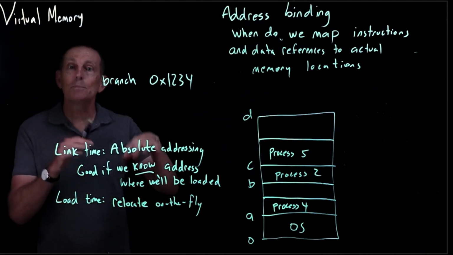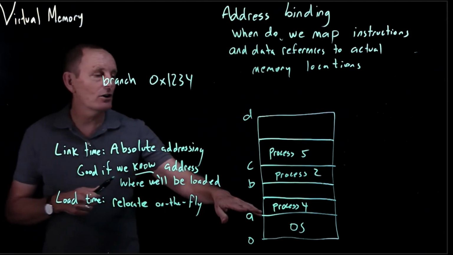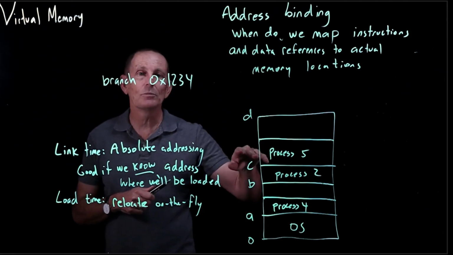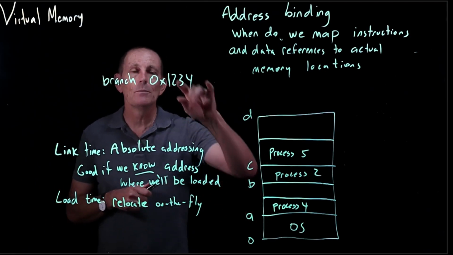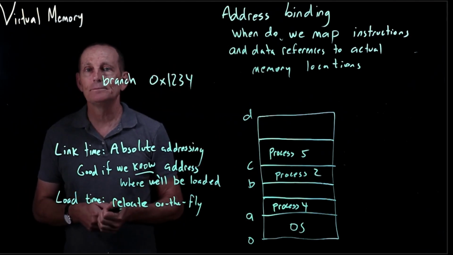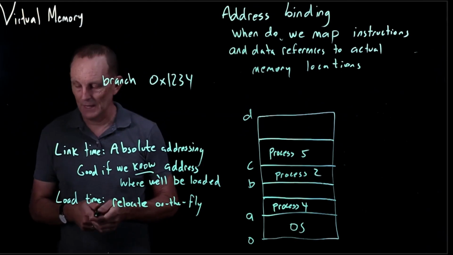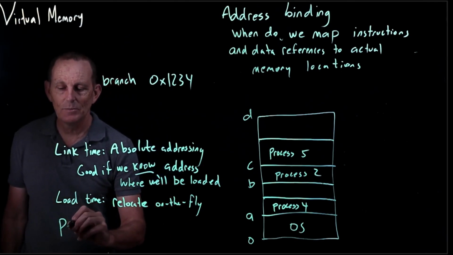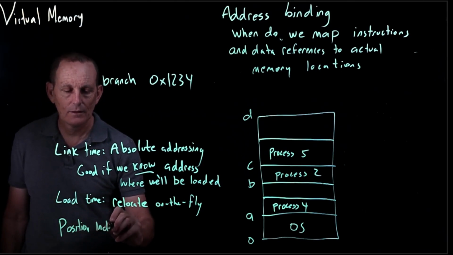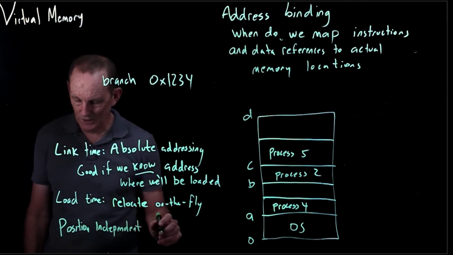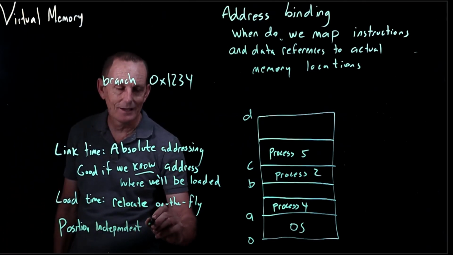And then we can go ahead and update all those so that the code will be different if we get loaded at location A than it would be if we get loaded at location C, because every absolute address is going to be updated as we load into memory. A third possibility is position-independent code, or position-independent, let's call it an executable.